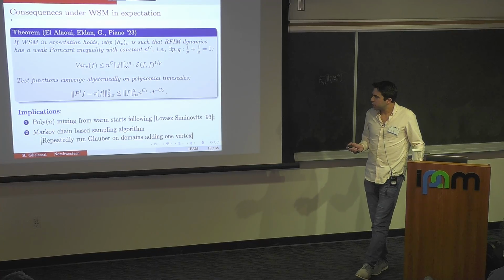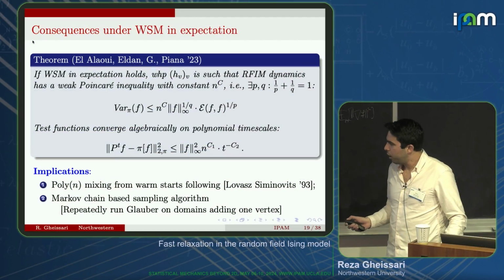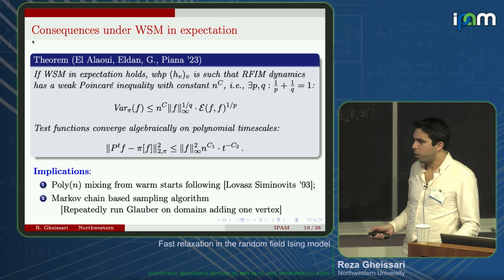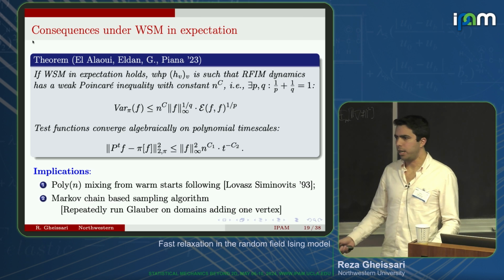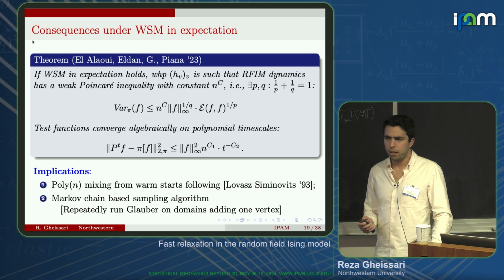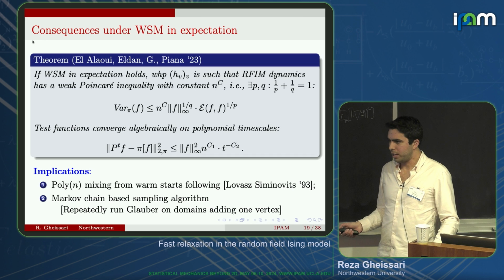Some implications of this weak Poincare inequality are that if I take a warm start, where warm means my Radon-Nikodym derivative with respect to stationarity is bounded by a polynomial, then I have polynomial time mixing from those kinds of initializations.